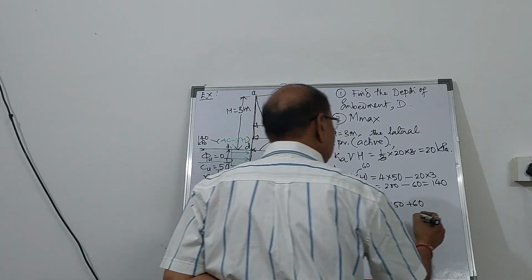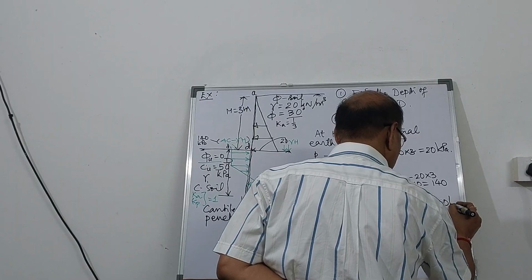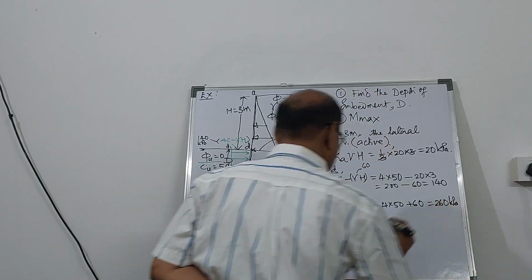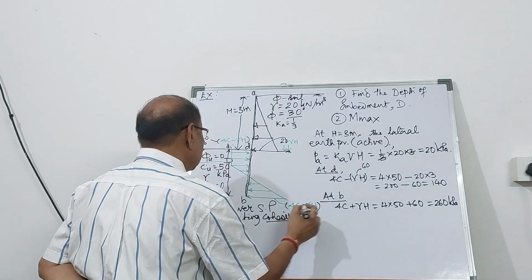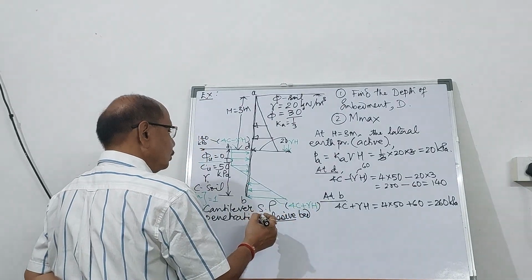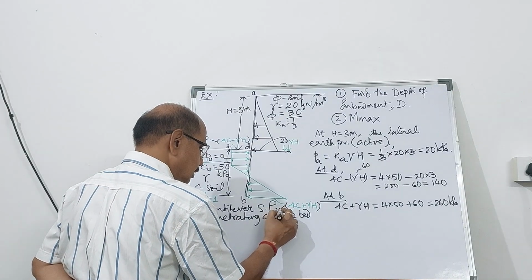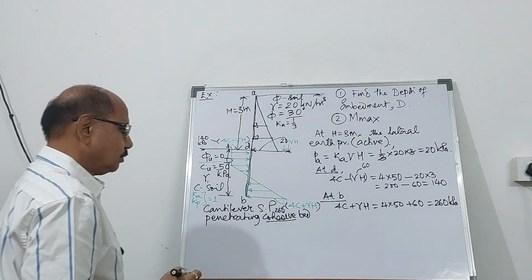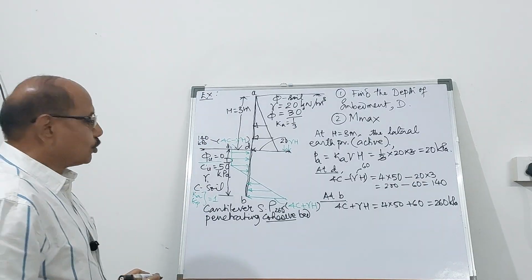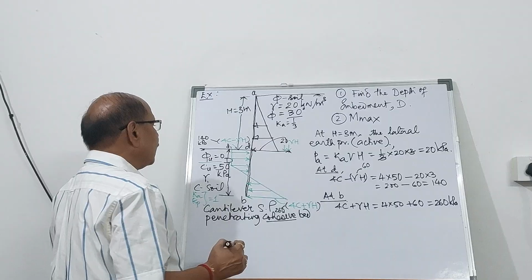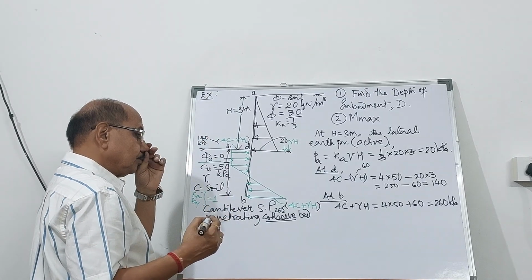So this becomes 260 kilopascal. So this value is also known to you as 260 kilopascal. This becomes the pressure distribution diagram, and this is called the depth of embedment.